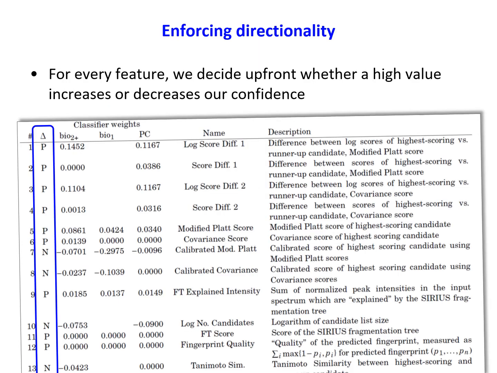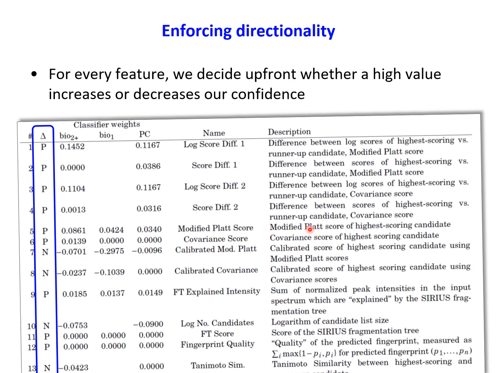And that is how the confidence score optimization, the machine learning, really works. We decide for every feature beforehand whether or not we think that a high value of this feature should increase our confidence or decrease our confidence. So positive means a high value increases our confidence, for example.